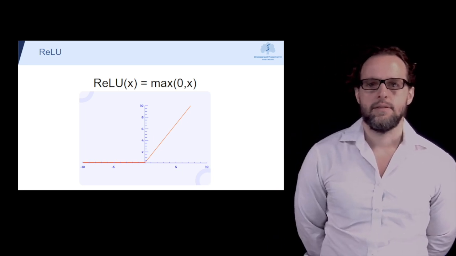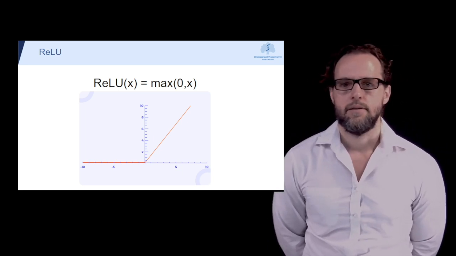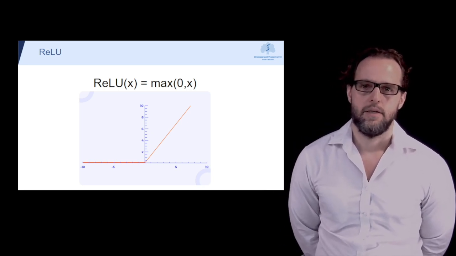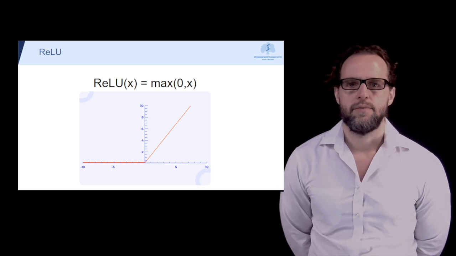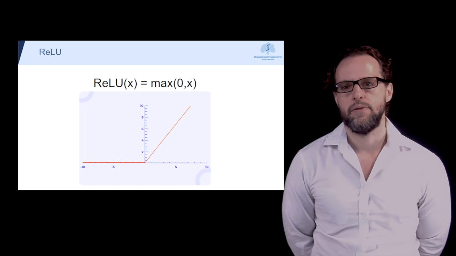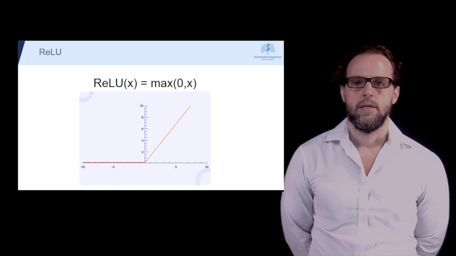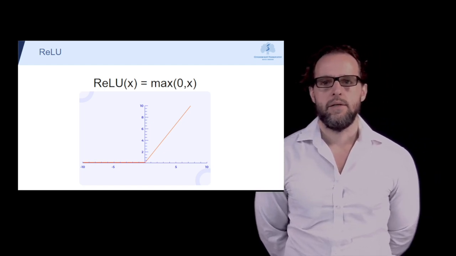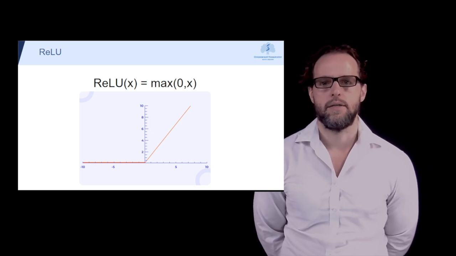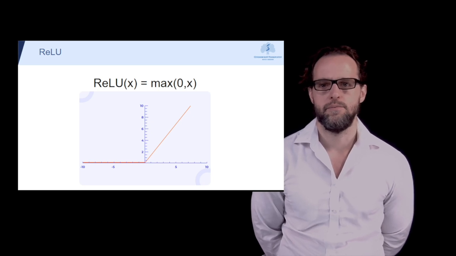This in turn means that we can combine layers using this activation function. In this case, the range of the values for ReLU is between 0 and infinity. So here we have a chance of an explosion of activation due to overflow.